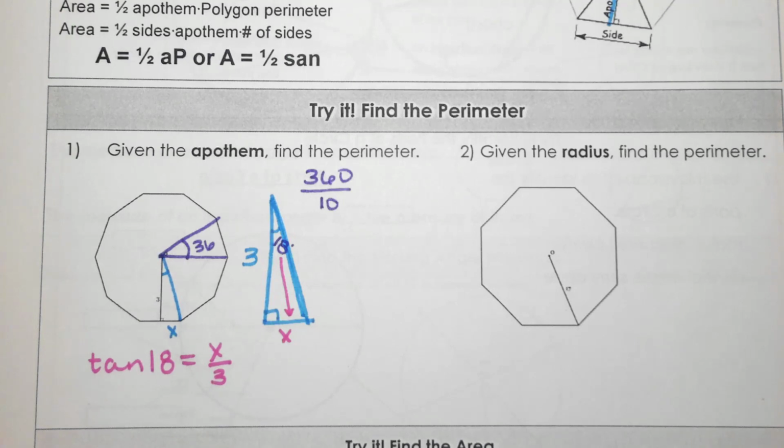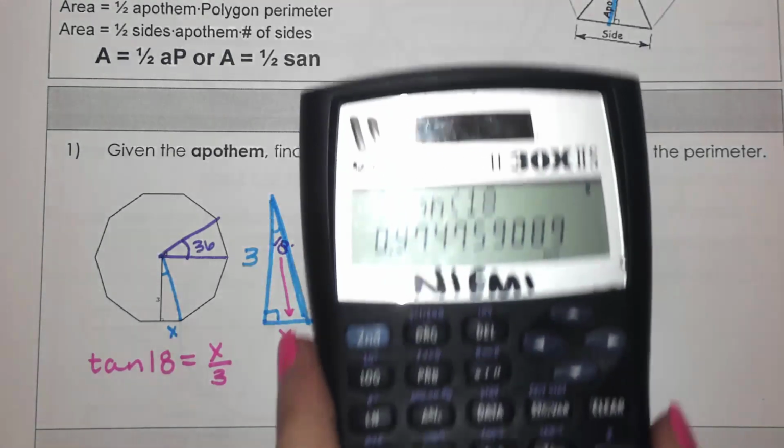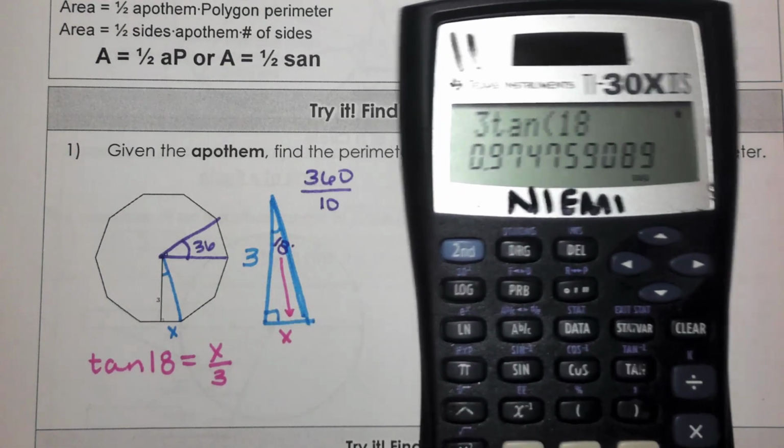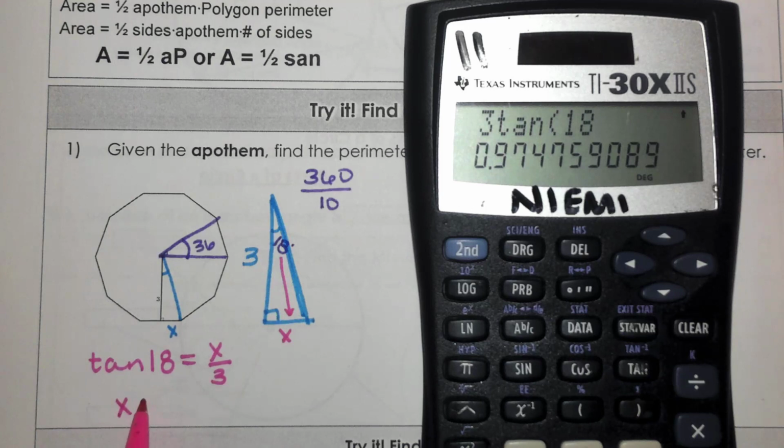Okay, I got to get a calculator for that. What is 3 times the tan of 18? No, 3 times the tangent of 18. All right, so x is about 0.97.